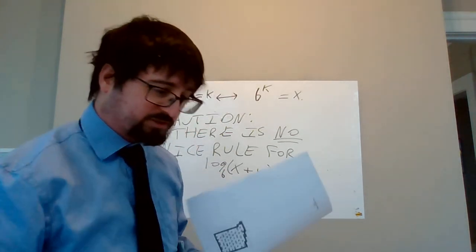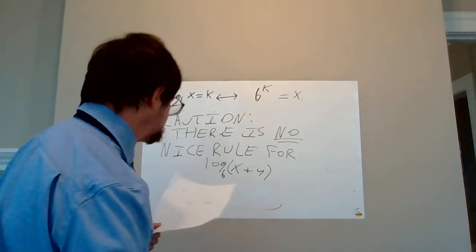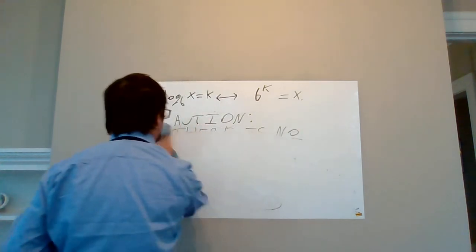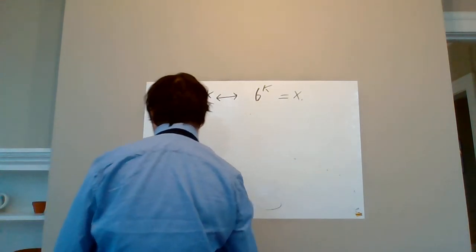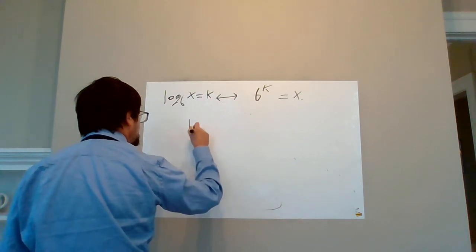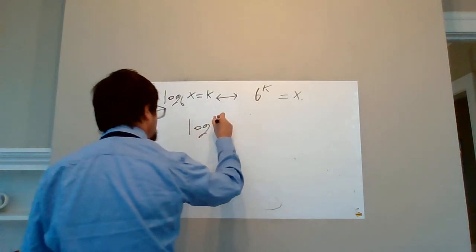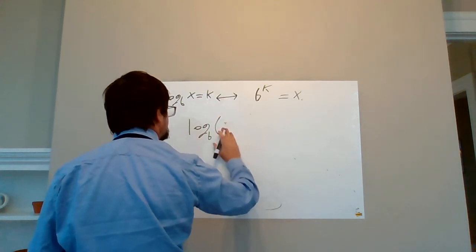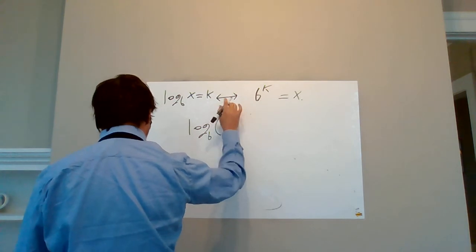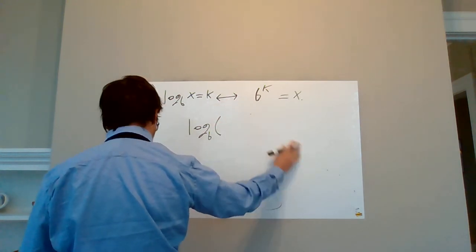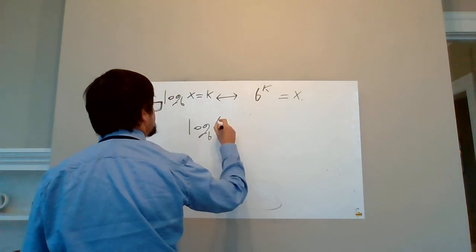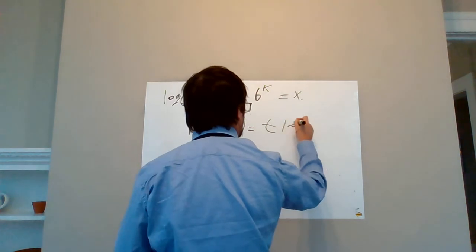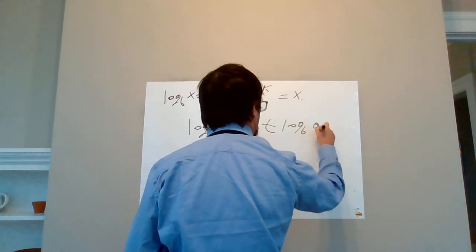The other very basic log rule we have has to do with a log of a power. That is, log base b of, oh, I don't want to use x again, we're using x as our variable up there, so let's use a to the t, equals t log base b of a.